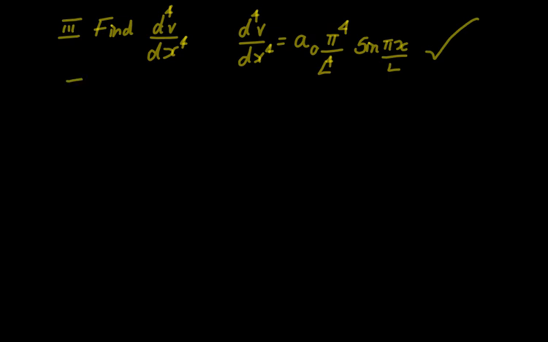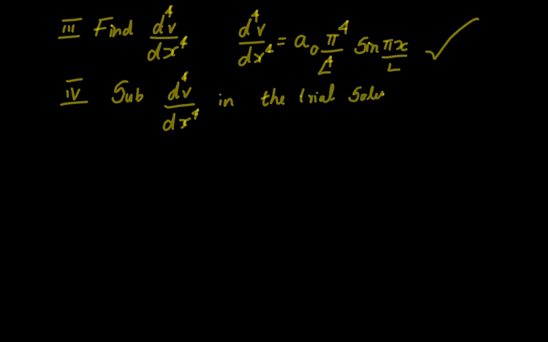What is step number 4? Step number 4 is to substitute the value of d power 4 v over dx power 4 in the trial solution, so that we can get the equation for residual. So go ahead and substitute the value of d power 4v by dx power 4.